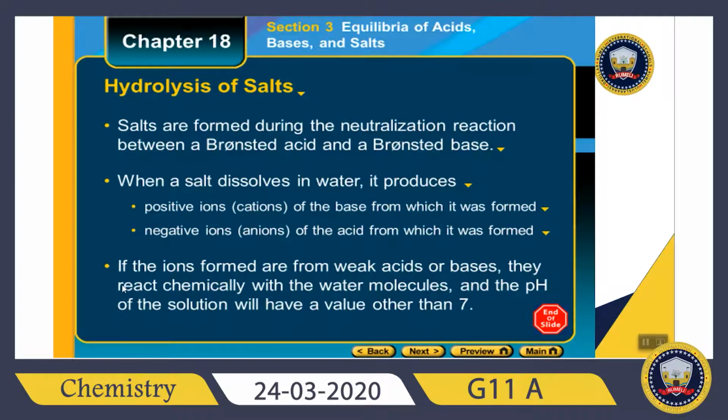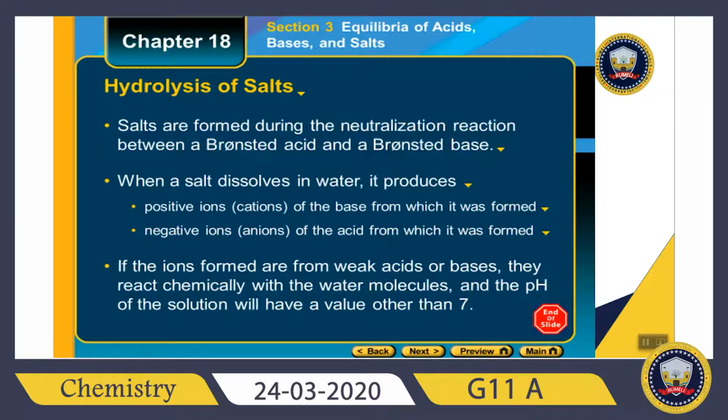So here, if the ions formed are from weak acids or bases, they react chemically with the water molecules, and the pH of the solution will have a value other than 7. As you understood before, a neutralization reaction is an equivalent reaction between acid and base to reach what?